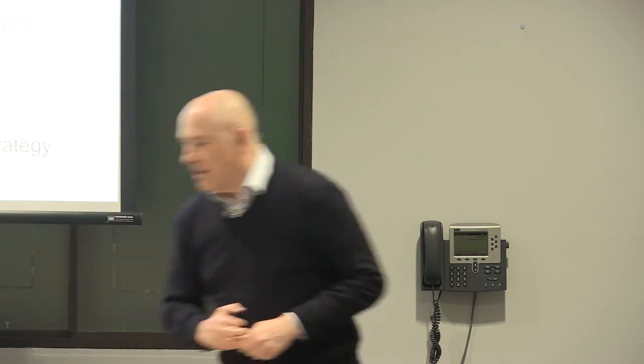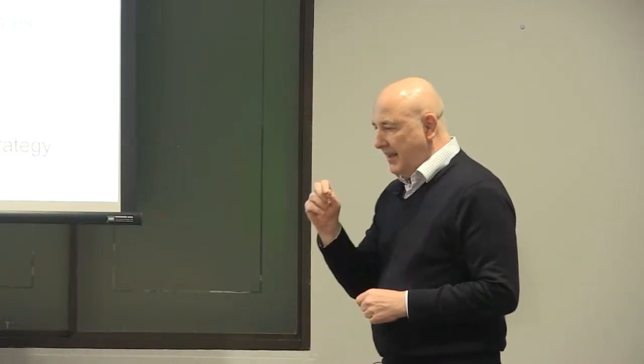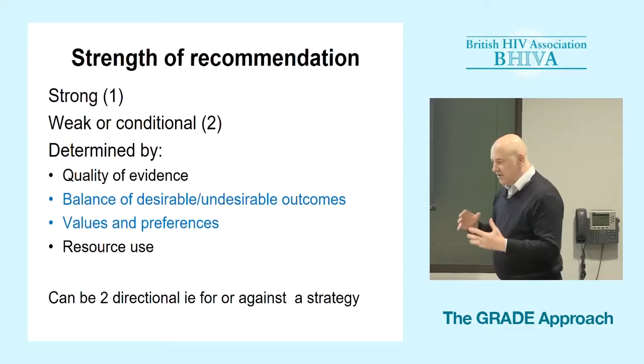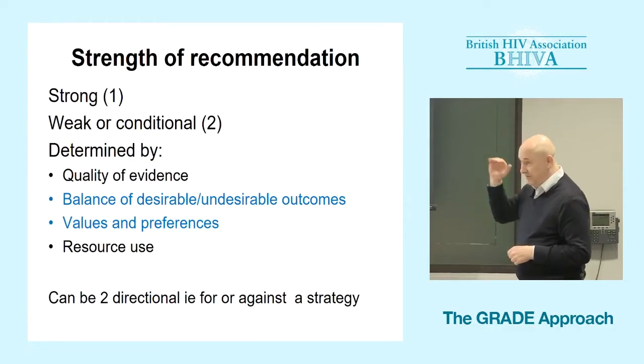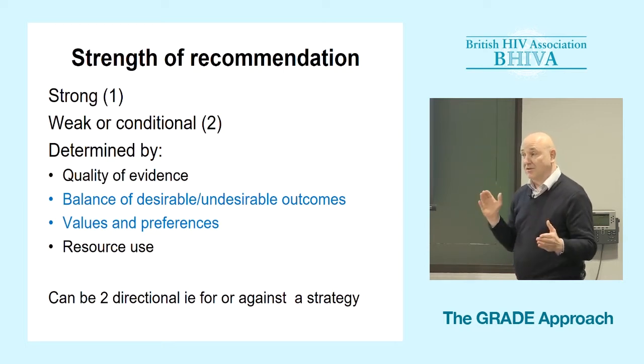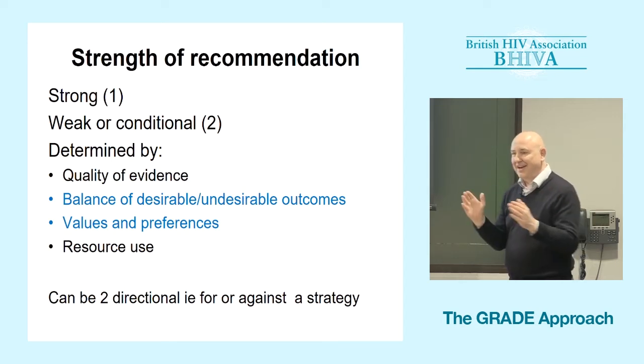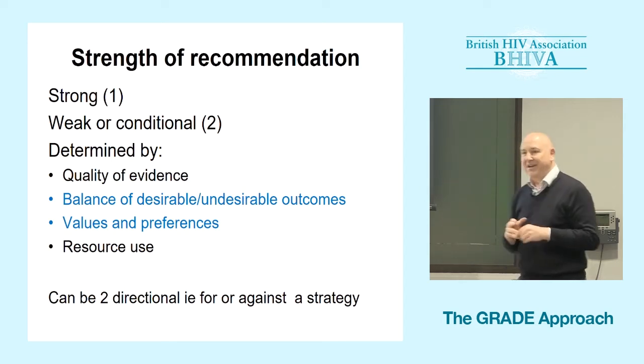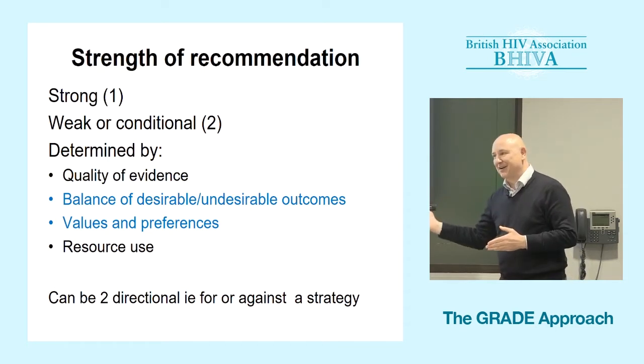Quick question, yes. Okay. So the strength of recommendation, whether weak or conditional, and this is where there's often discussion, is determined by the quality of evidence, which is a formal process, and the balance of desirable and undesirable outcomes. That's where the decision about what's critical and what's not critical in terms of decision making is very important to be had at the beginning, so that you don't suddenly have a whole lot of people at the end saying, well, I think this outcome is far more critical than this particular outcome in decision making.